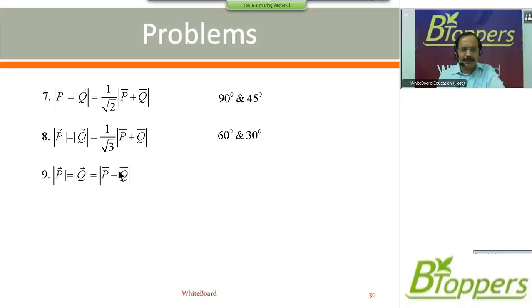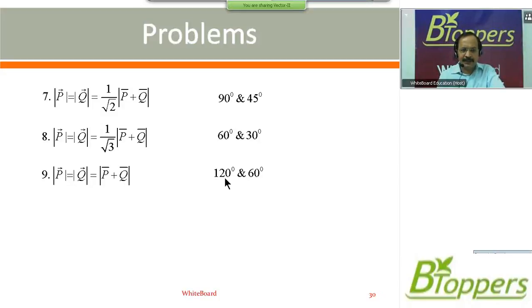You can take a pause and try this problem yourself. You can look at the answers here. 120 degrees and 60 degrees. That means the angle between P bar and Q bar is 120 degrees. The angle between the resultant and P bar is 60 degrees.